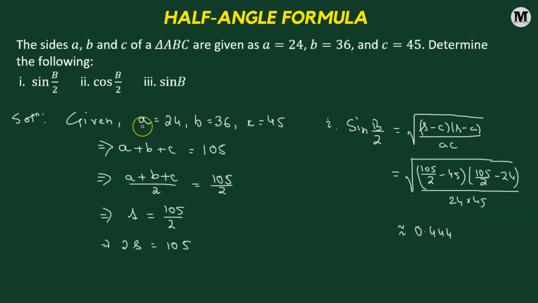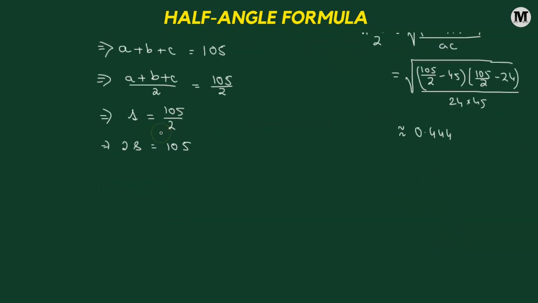Okay, now let's go to the second part of the problem. We need to find the cosine of B over 2. It also has a standard formula. The cosine of B over 2 is given by the square root of S times S minus B, divided by AC. Let's compute this value as well.